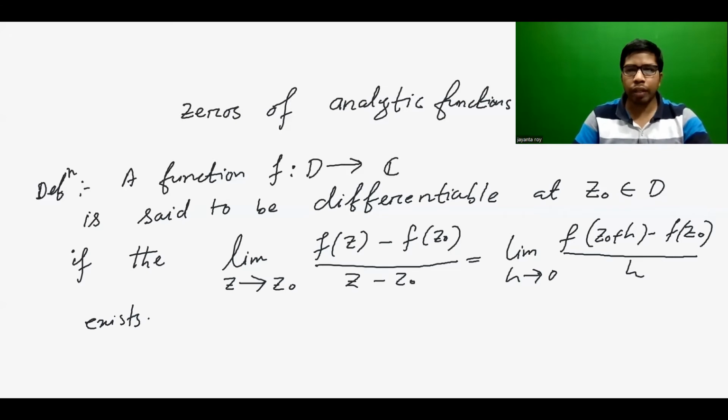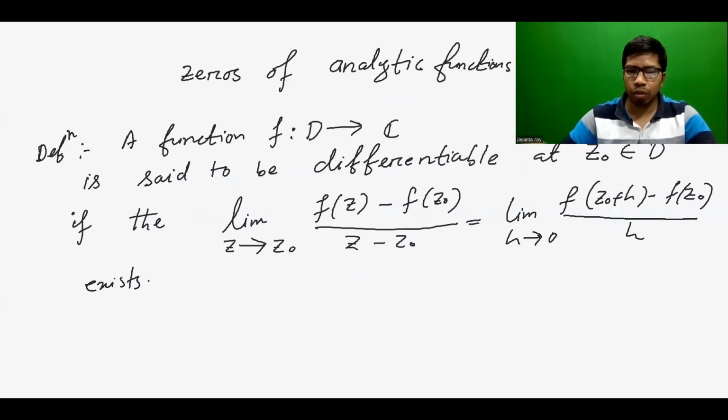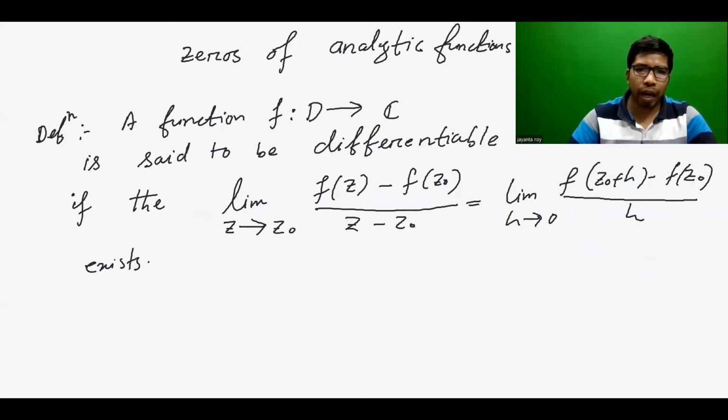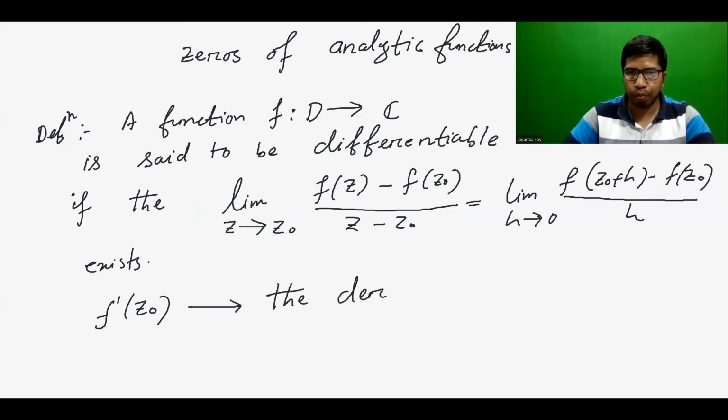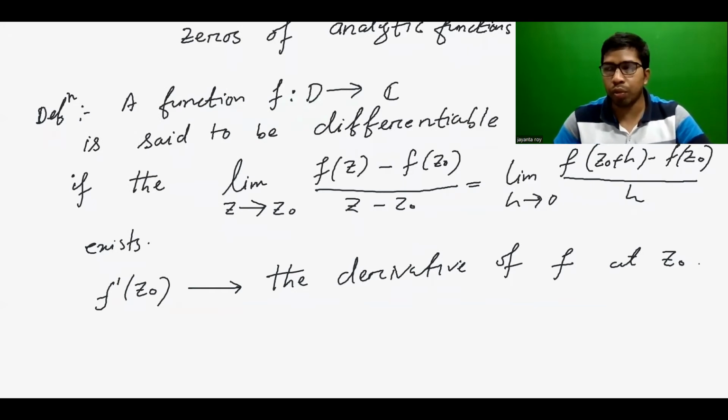Okay, so when this is the case, the value of the limit is denoted by the notation f dash z0, and we call it the derivative of f at z0.